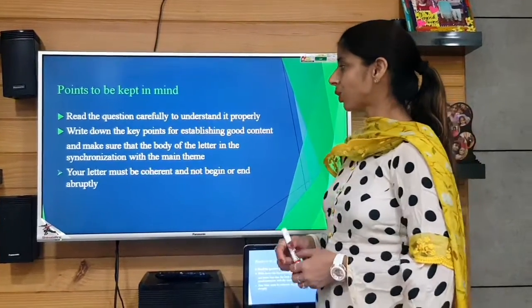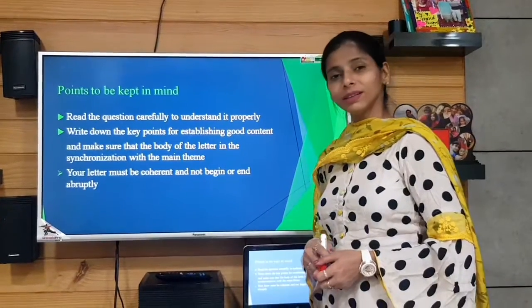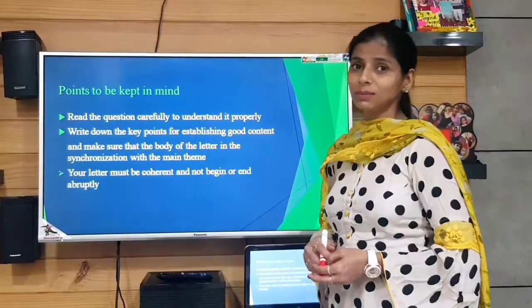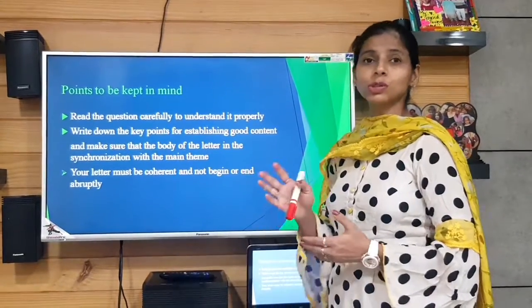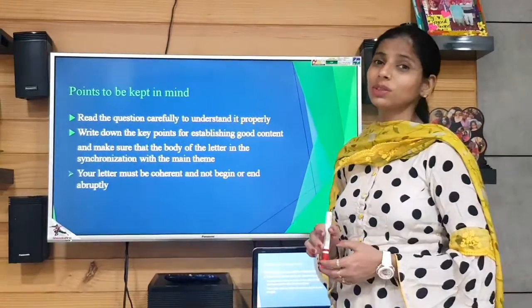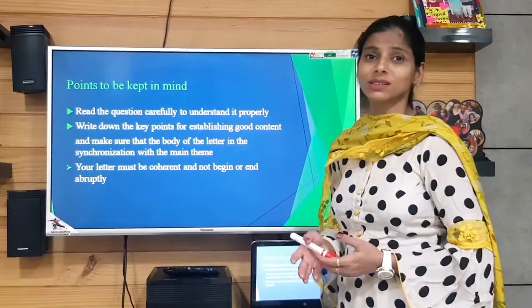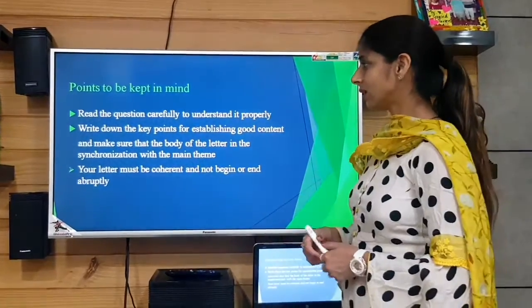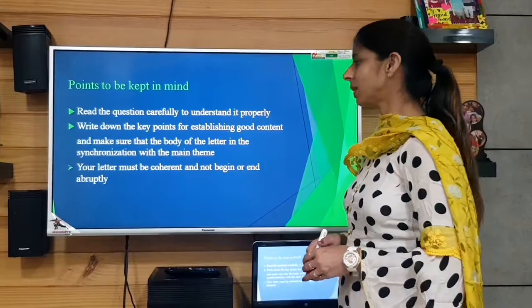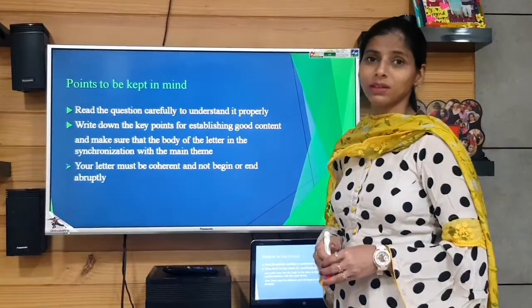And make sure that the body of the letter is in synchronization with the main theme. Whatever points you are adding to your letter should be related to the theme, related to the question asked, right?